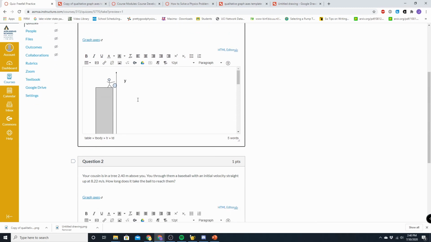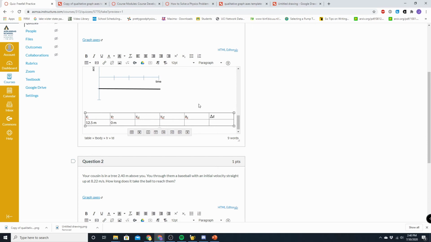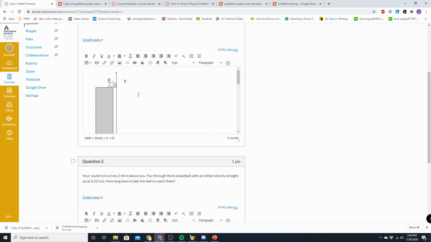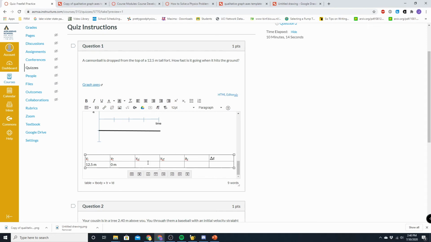When the problem ends, we're on the ground, which is 0 meters high. So that sounds like we do know our initial and our final y values. For the velocity, it says that the ball is dropped, right? So that is telling us that our initial velocity is 0.